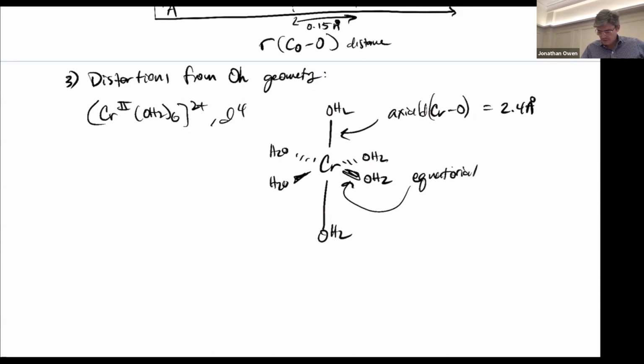The equatorial distance is 2.1 angstroms. Actually, 2.0, sorry. So this compound has 2 different bond lengths.